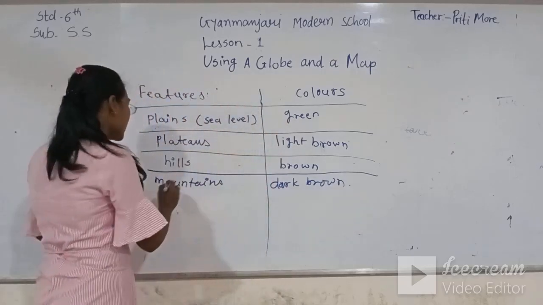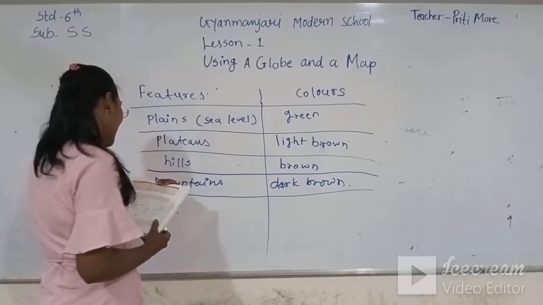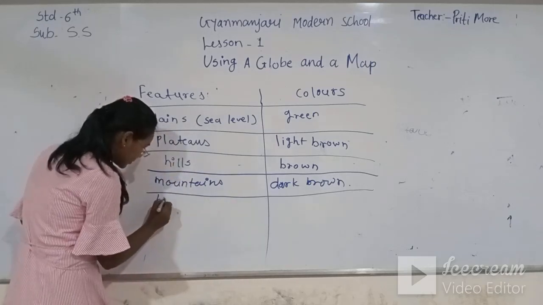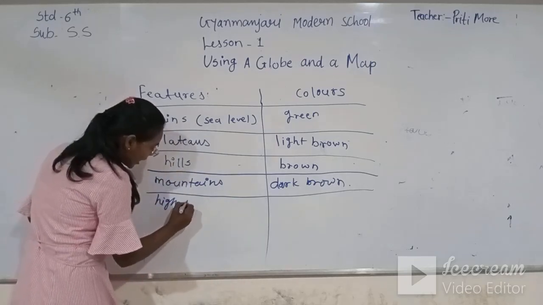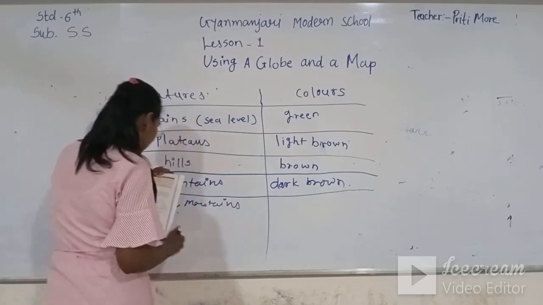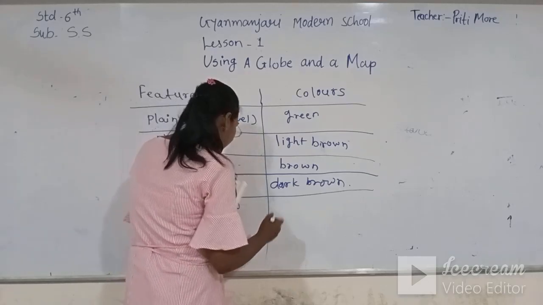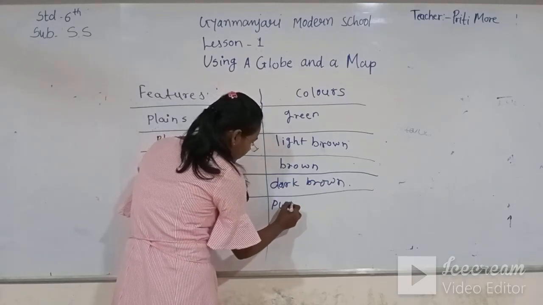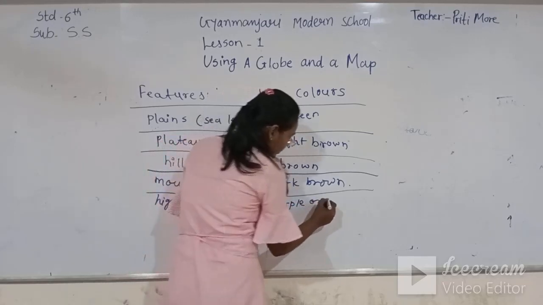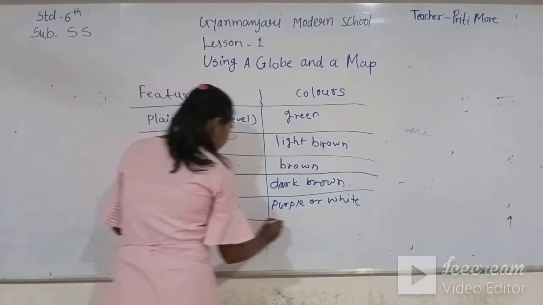Dark brown color is indicating the mountains. Now very high mountains: for high mountains, purple or white color. Right?